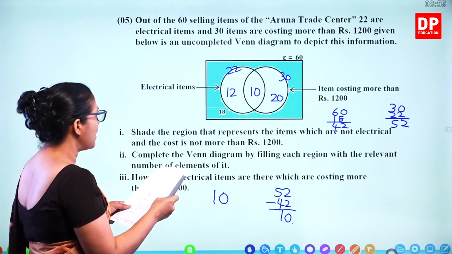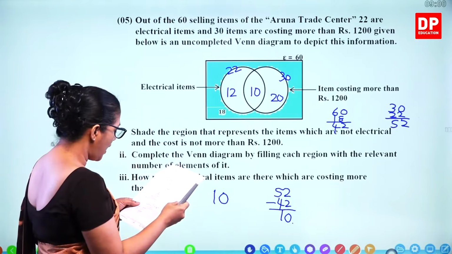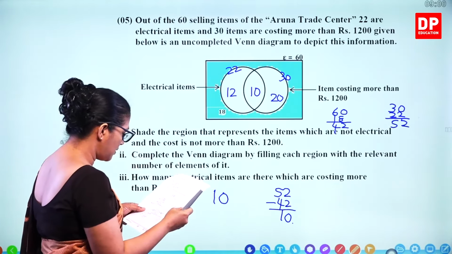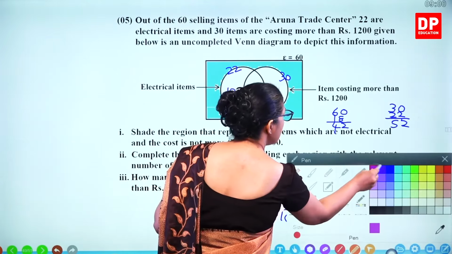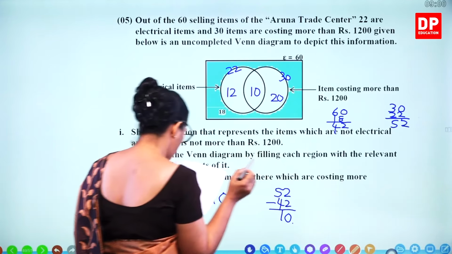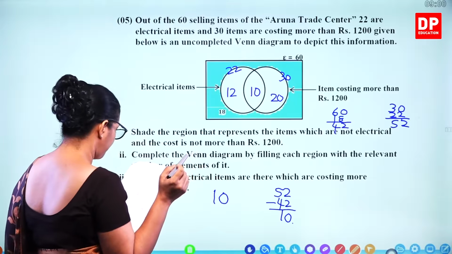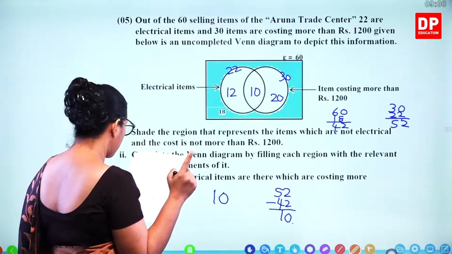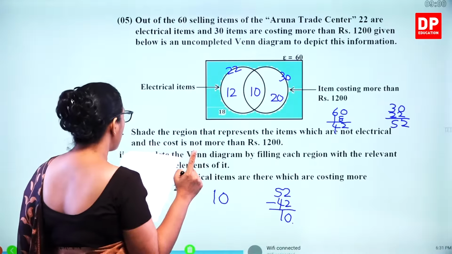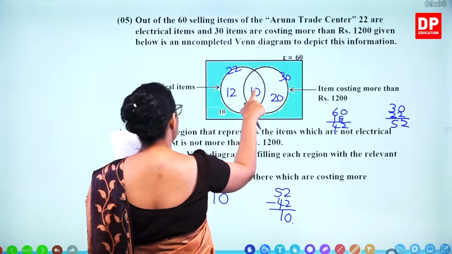So 12, 10, 20, you get 2 marks. And shading everything, you get 2 marks. So second part, complete the Venn diagram. So 3 marks for this, 12, 10, 20.